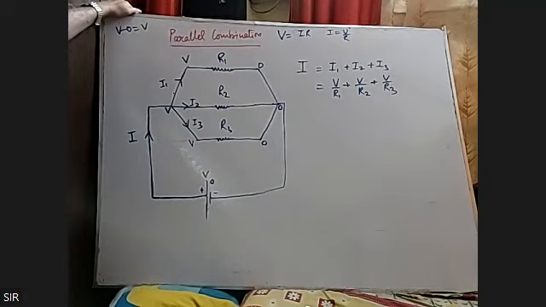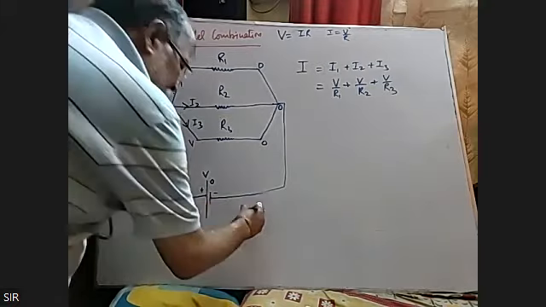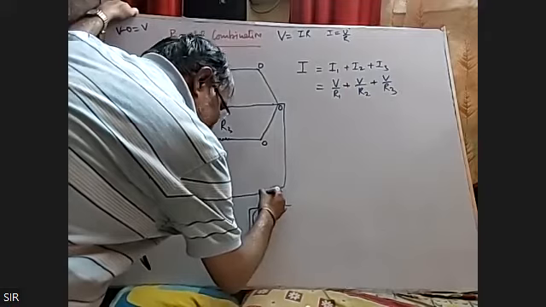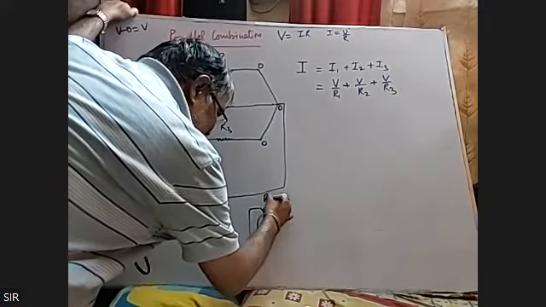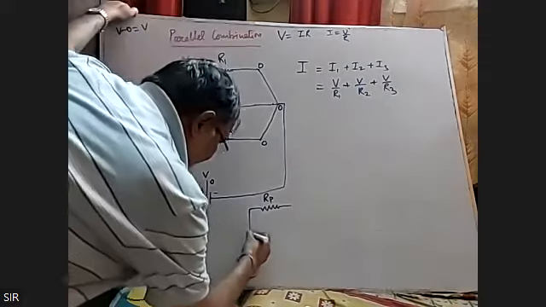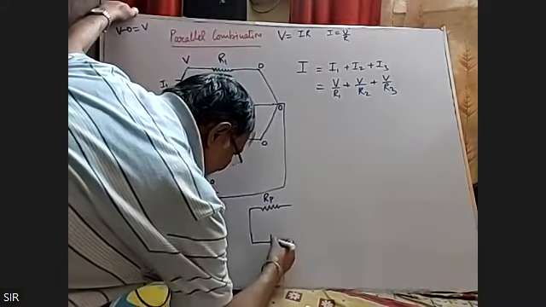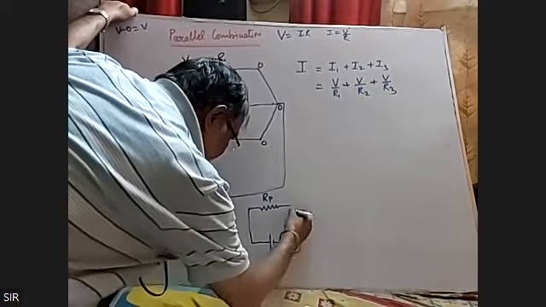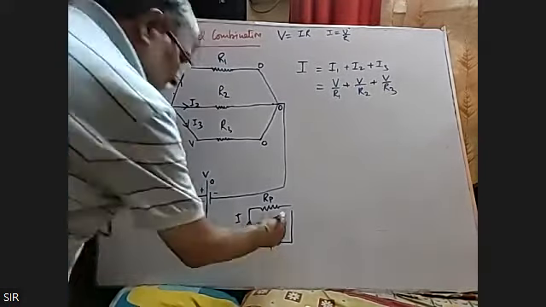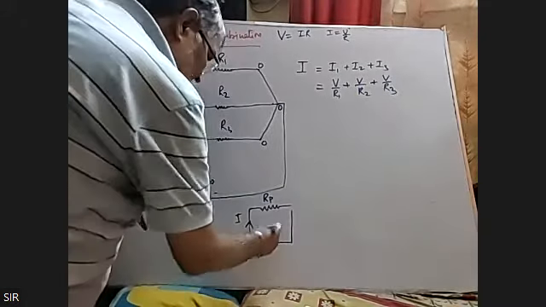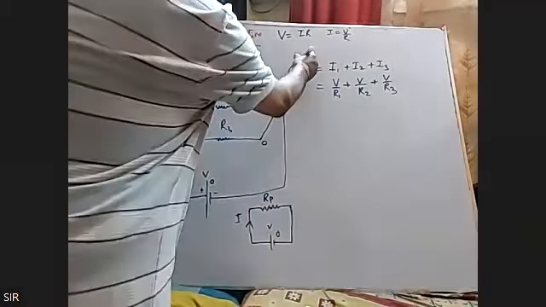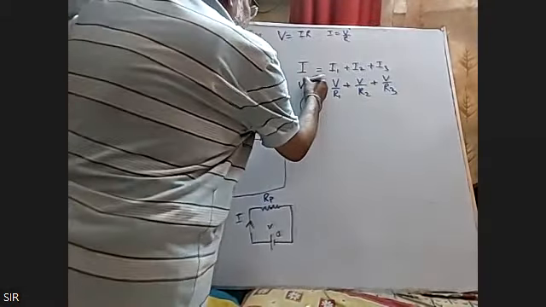Now suppose I am making a small circuit, and I am naming this resistance RP and connecting the same battery to it. So current I flows. For this, can I write I is equal to V upon RP?